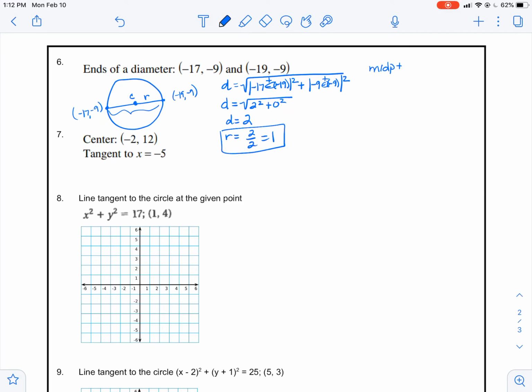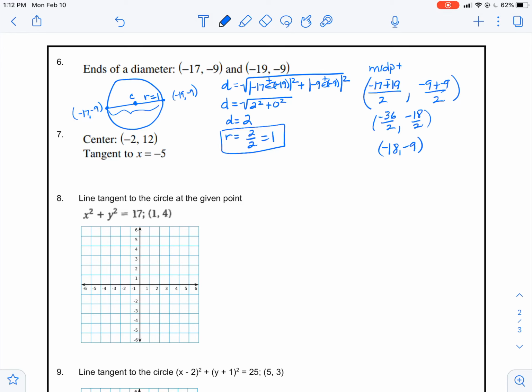Okay, now that's given us this. I know this is 1. Now I need to go find my center. My center is my midpoint. Remember, to find midpoint, it's like the average of those 2 points, what's in the middle. So I'm going to add the 2 and divide by 2. So I have a negative 36 over 2 and a negative 18 over 2, which makes it a negative 18, negative 9.